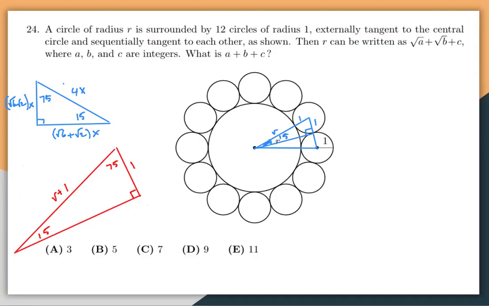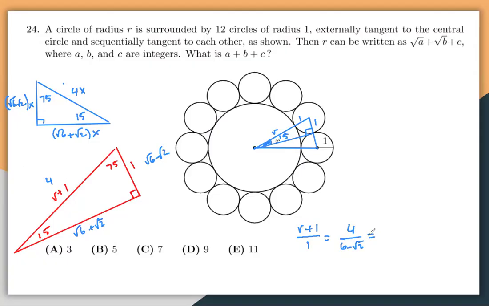So the ratio was: the smaller leg will be root 6 minus root 2, the hypotenuse is 4, and the larger leg is root 6 plus root 2 in a 75, 15 triangle. So we can write the ratio. We just know the hypotenuse and one leg. So I'm going to write R plus 1 over 1. That's the ratio of the hypotenuse to the smaller leg. It has to be 4 over root 6 minus root 2.